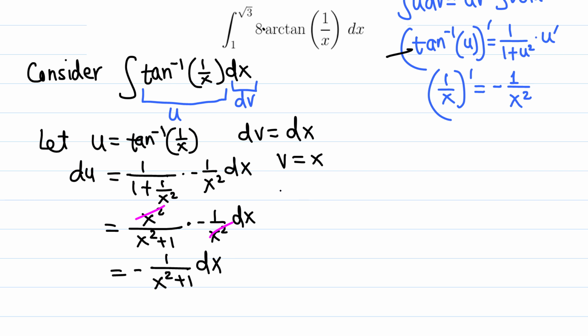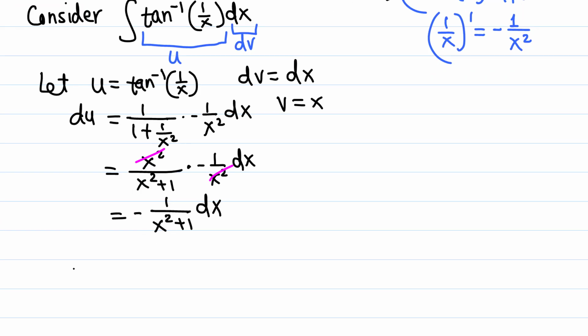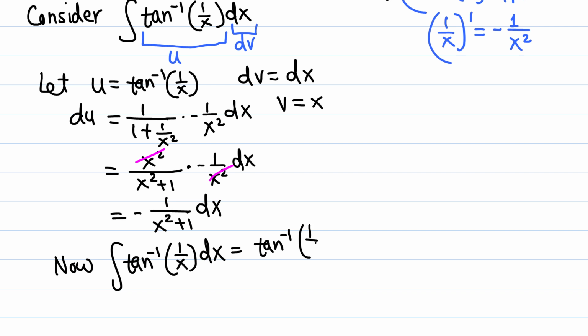Now we can use the integration by parts formula. So the integral of tangent inverse of 1 over x dx is uv, where u is tangent inverse 1 over x and v is x, minus the integral of v times du, where v is x and du is -1 over x squared plus 1 dx.